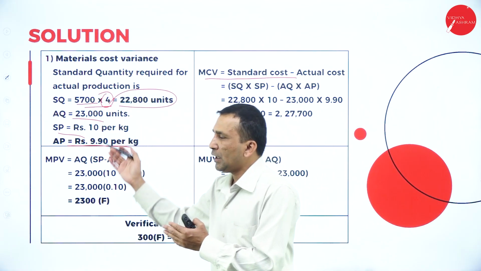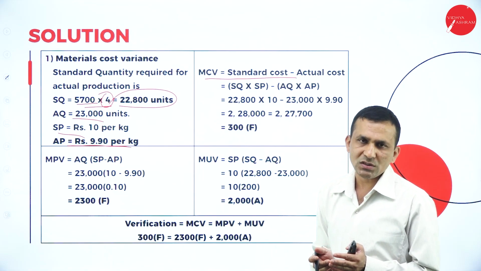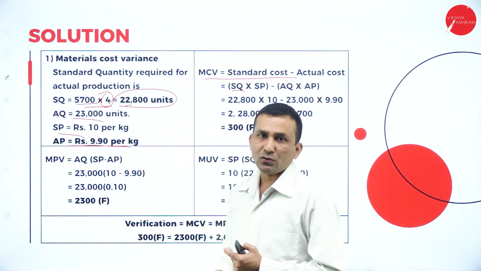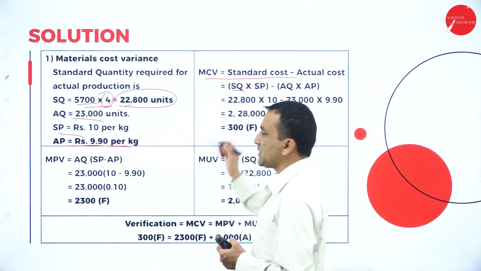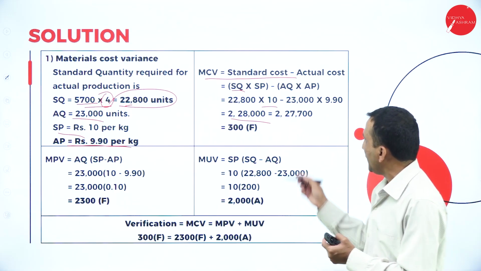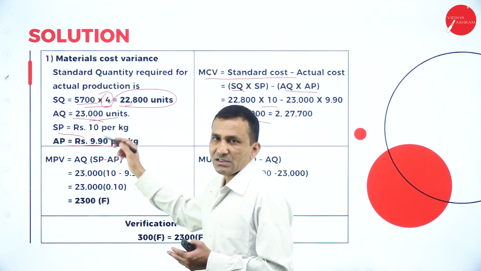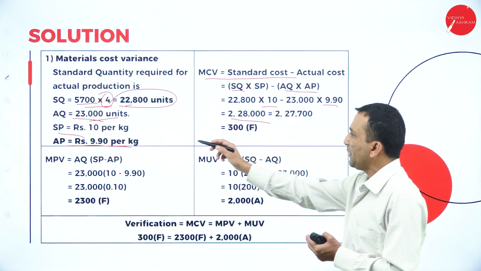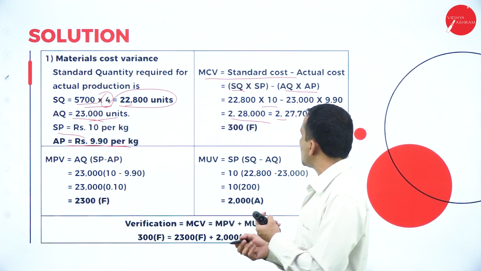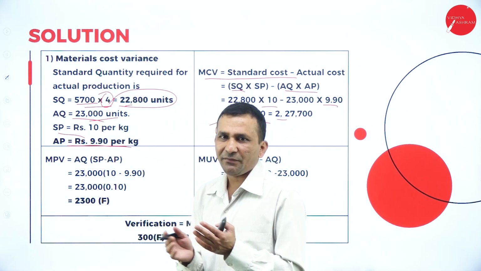Now for the material cost variance: the standard quantity 22,800 multiplied by the standard price of 10 rupees gives 2,28,000. The actual quantity 23,000 at the rate of 9 rupees 90 paise gives 2,27,000. The difference we get is 300, which is favorable.